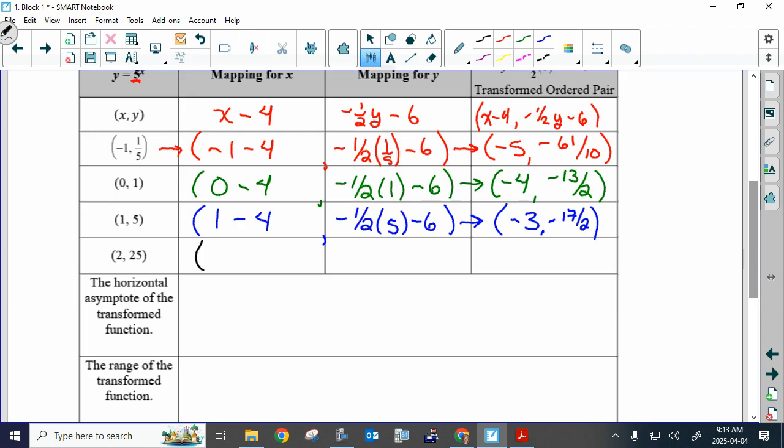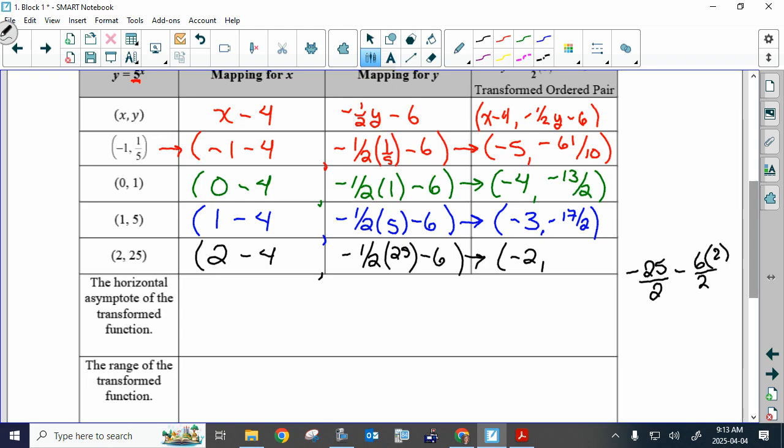And then again, 2 minus 4, comma, negative 1/2 times 25 minus 6. And the final output, negative 2... Did you guys get negative 37 halves for this guy?